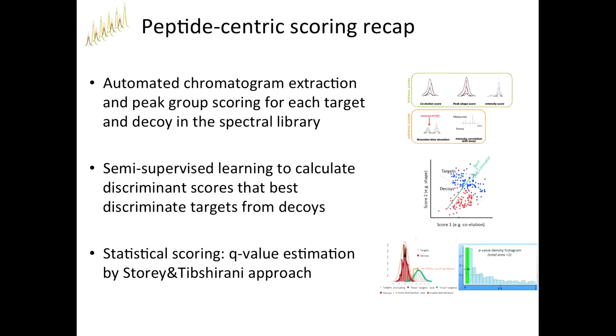Then in the next step, you perform semi-supervised learning to calculate the discriminant score that best separates your targets from the decoys. Based on these discriminant scores, you can do statistical scoring based on the Storey approach to then get Q values, which are corrected for multiple testing.